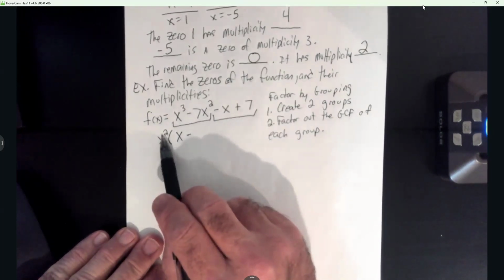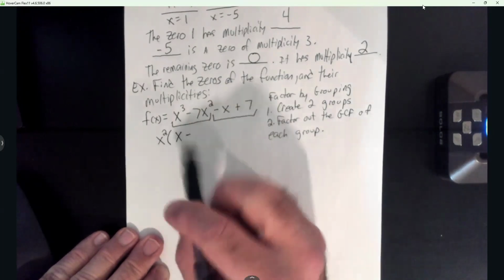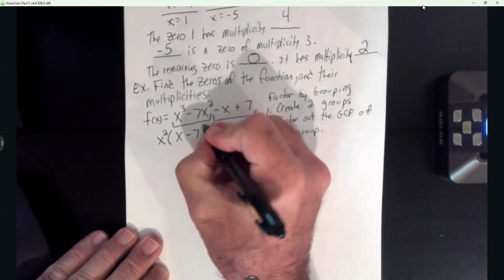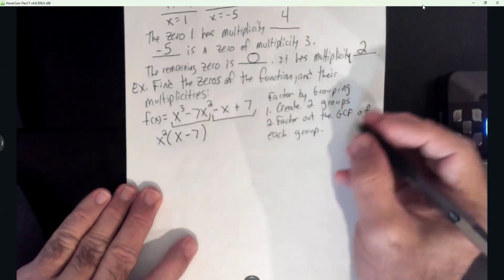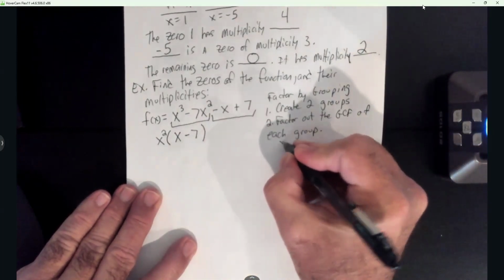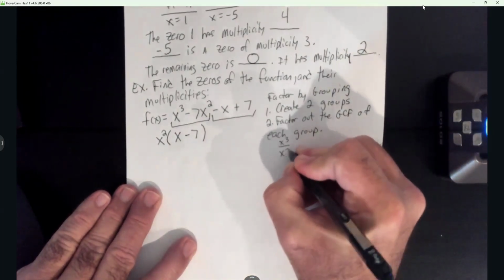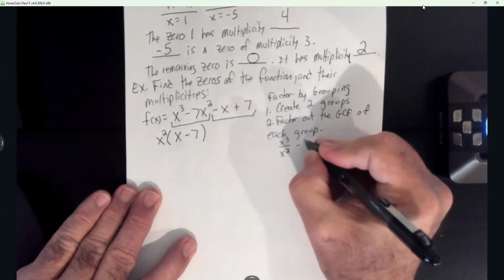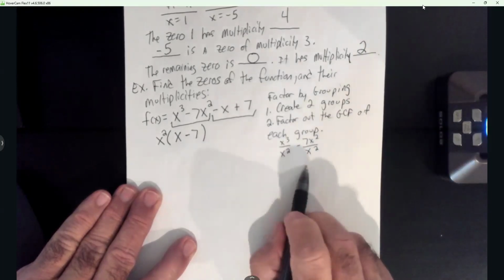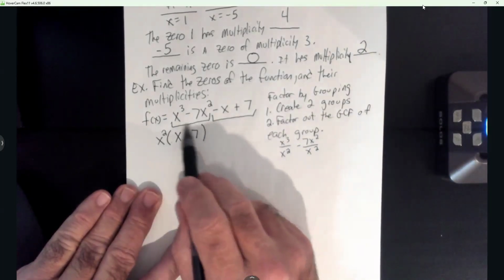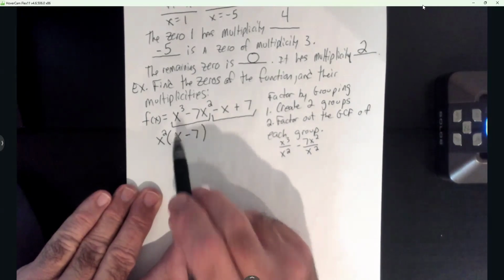If I divide out that x squared, that's going to leave me a 7. So let me show you what I did here. I did x to the third divided by my x squared minus the 7x squared divided by x squared. That's what left me with this x minus 7, okay?